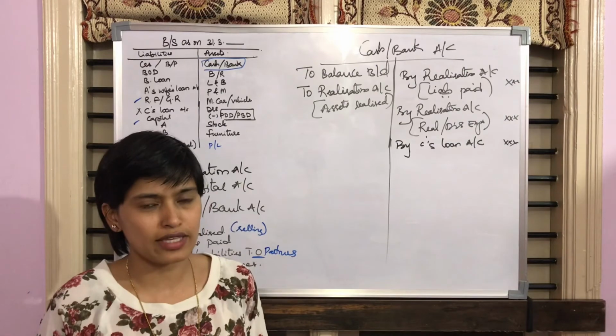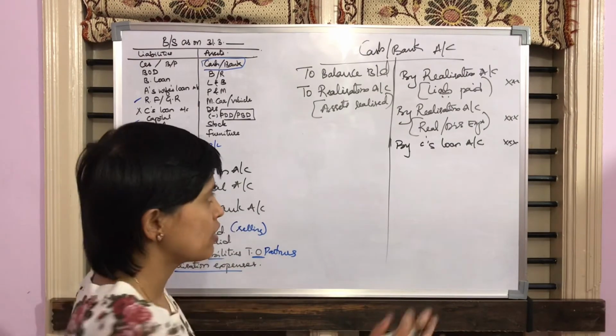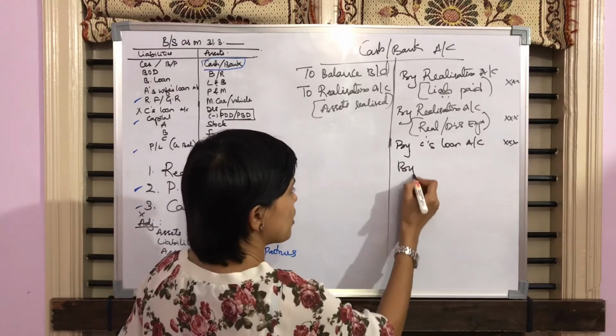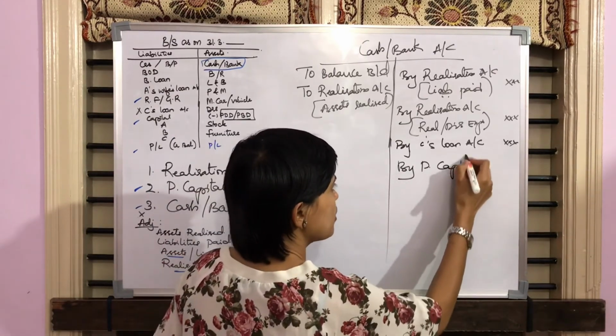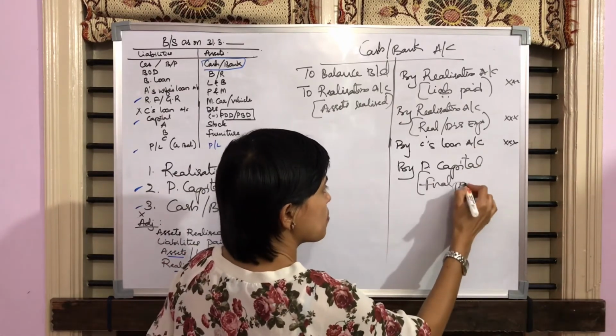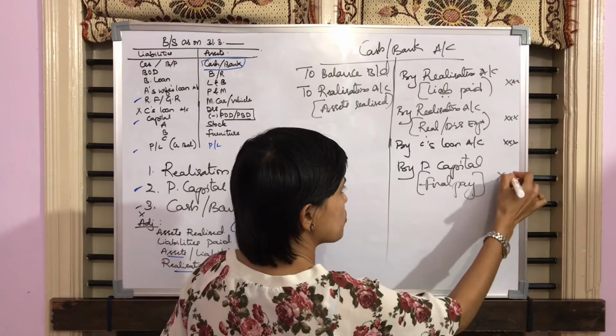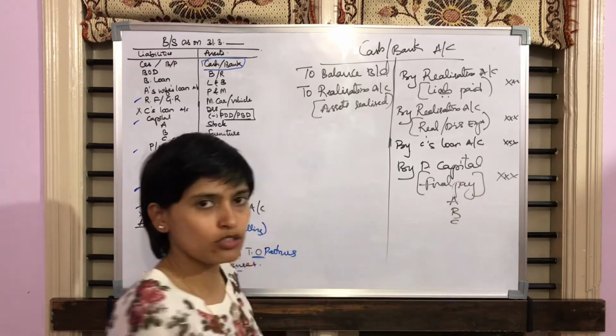Follow the partner's capital account. If on the debit side you have final payment, write that in your cash or bank account as by partner's capital account. This is going to be your final payment. Okay, write whatever the amounts that you're getting for example, A, B, C and so on.